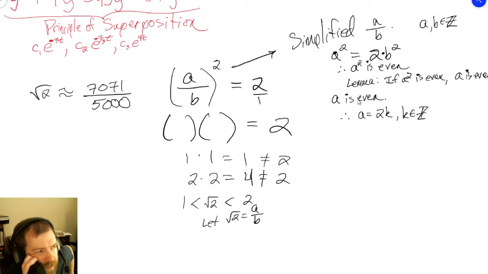The problem is that when you're looking at something like this, and you're saying, okay, if a over b is a simplified fraction, and when you square it you get a squared over b squared, which can't be 1, so therefore, how are you getting 2 over 1?